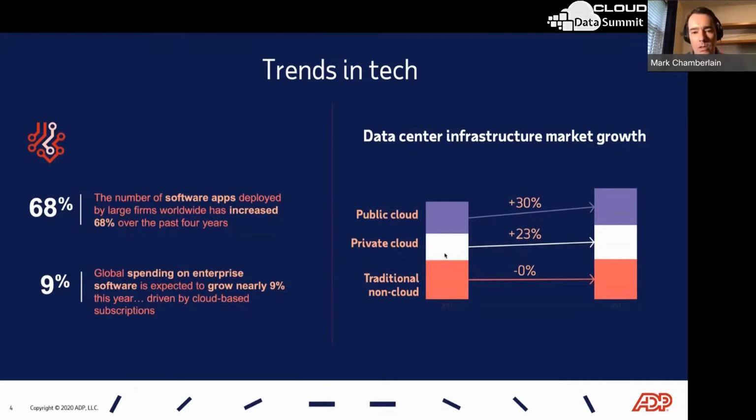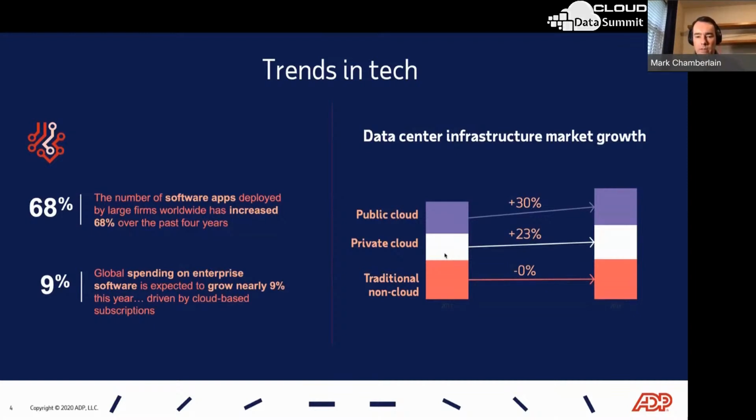So you can see that there's three categories here. There's the traditional non-cloud, so physical servers out there supporting monolithic applications. You've got private clouds, and you've got public clouds. So if you look at the diagram, you can see that the traditional non-cloud physical servers, monolithic applications, there really isn't a whole lot of growth there.